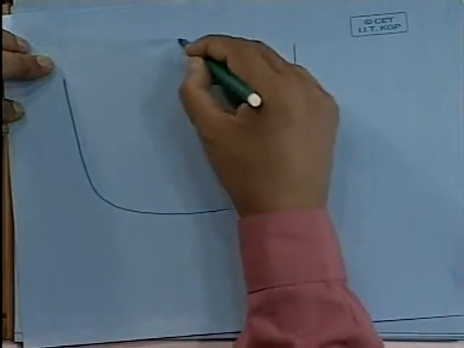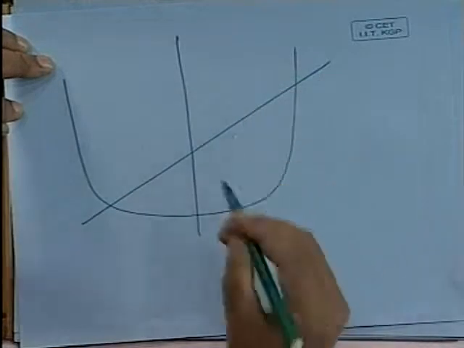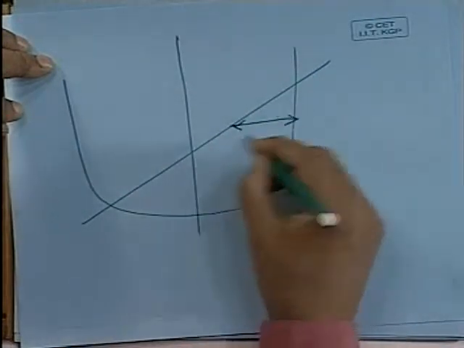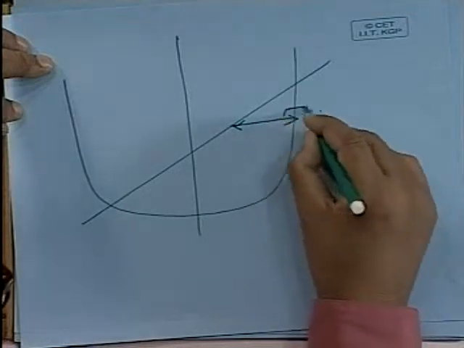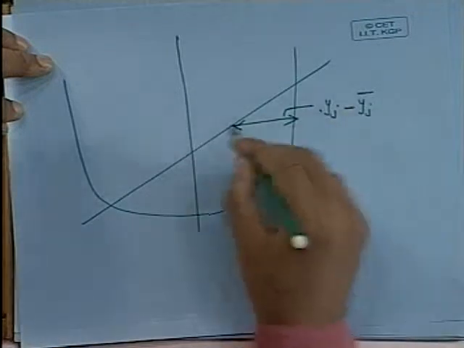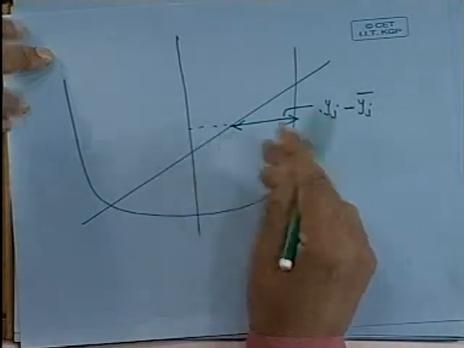So if I write that, I can actually tell this distance is how much. This distance is, for this case, yj minus yj bar, because this much is yj, this is yj bar.